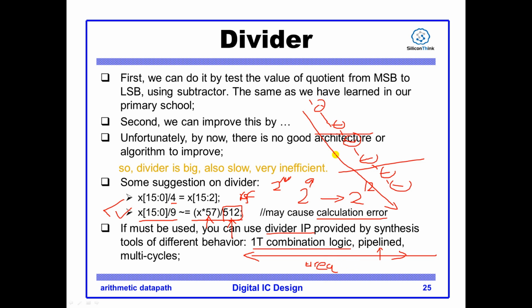And you can use a multi-cycle behavior. That is, you just use one subtractor to give 1 bit of quotient for a single cycle. Then for a 16-bit divider, you may use 16 cycles to finish the calculation.